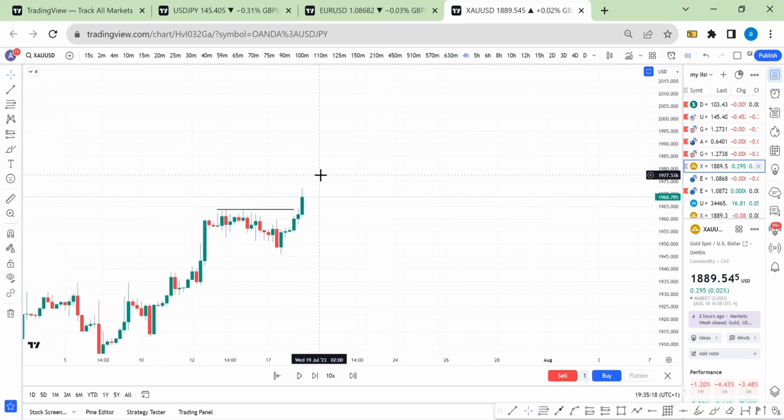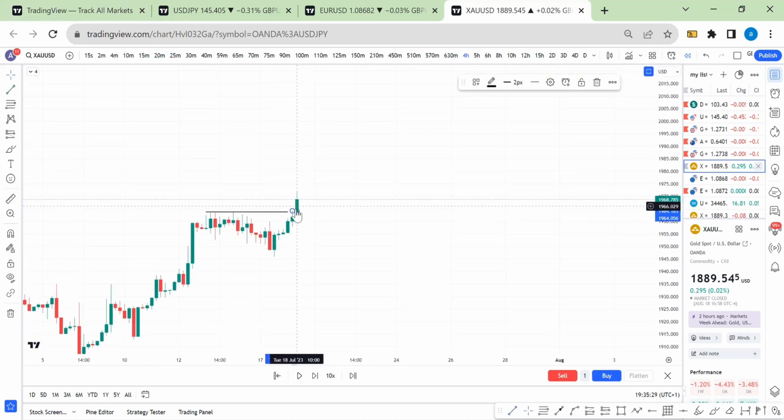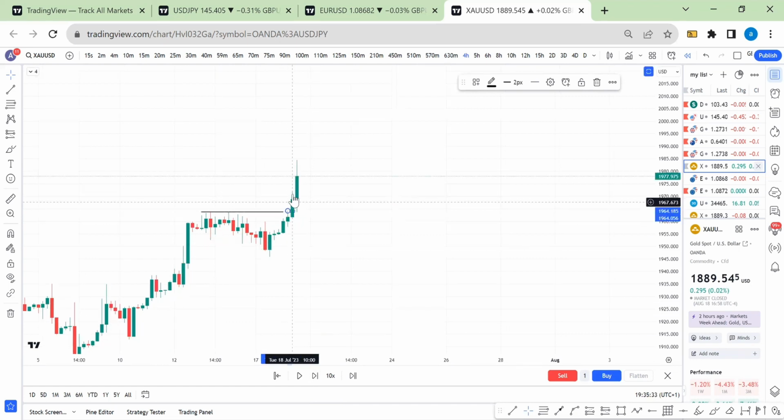For this candle right here, this is the high, and as you can see, the high was broken by this one. The next candle that forms must also break the high of this one, and it broke it. That means there's no fractal pullback. Price continues in a strong uptrend. We also break the high of this previous one.